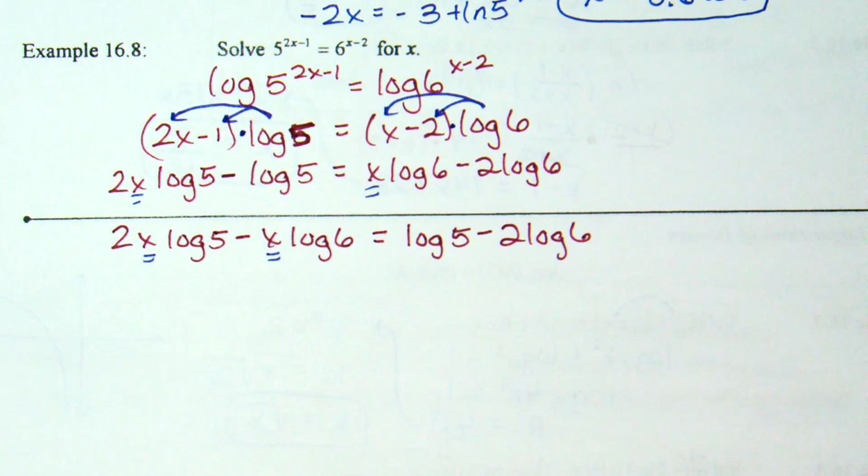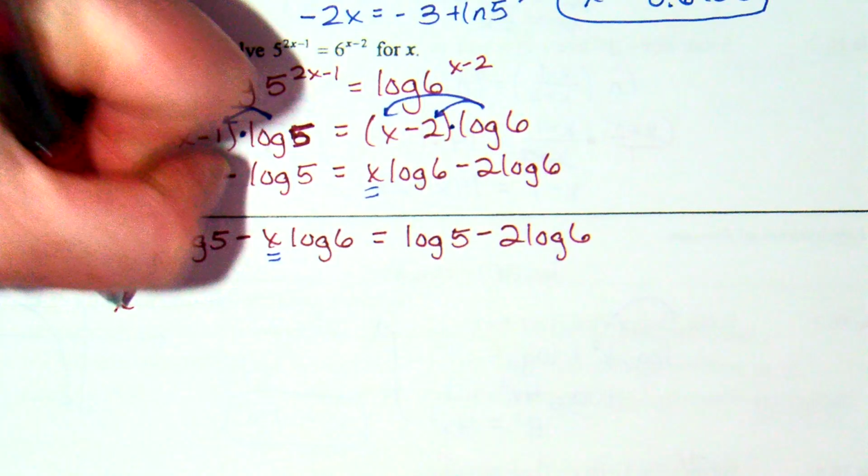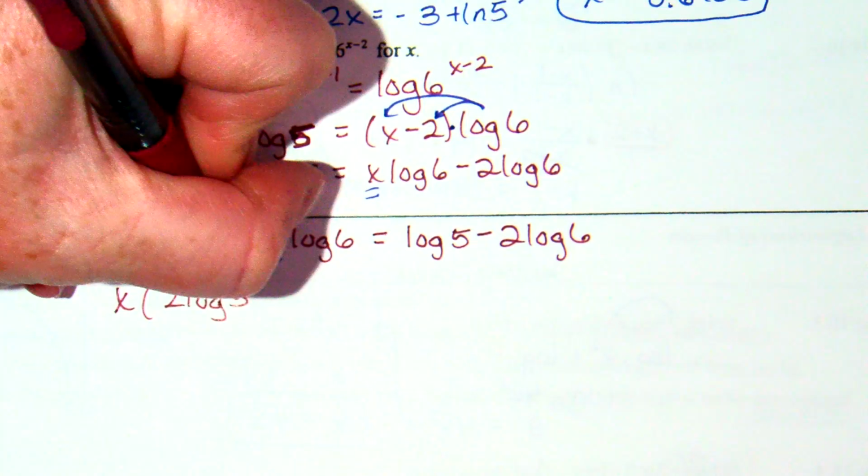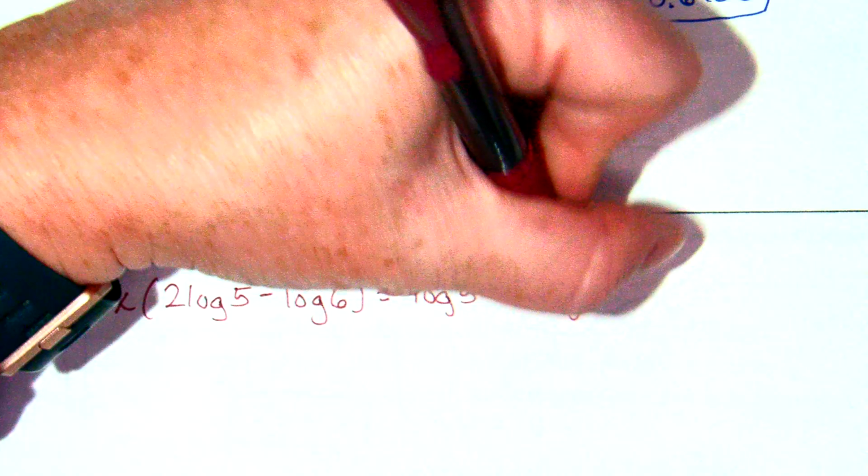Yeah, and I feel like we get to a stuck point. But yeah, so GCF of x on the left. If I factor out x out front, I'm left with 2 log 5 minus log 6, still equal to log 5 minus 2 log 6.